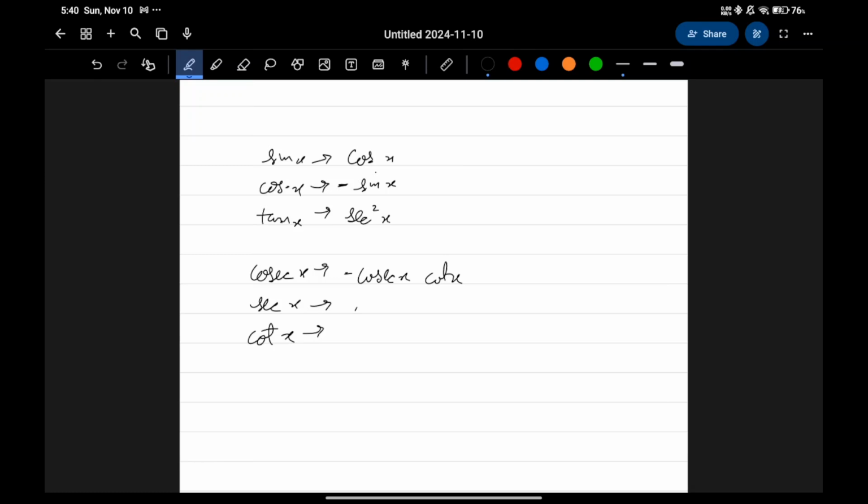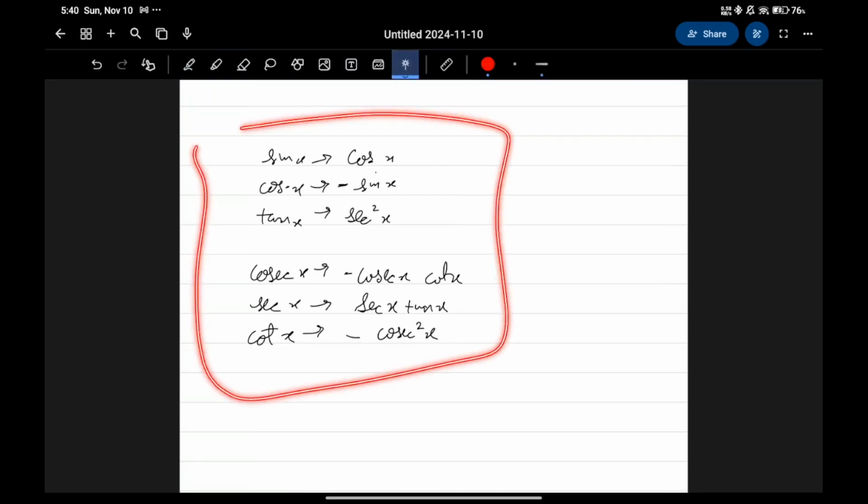Let me double check it. Secant x. Yeah, secant x tan x. And now cotangent has a negative, so it's gonna be negative cosecant squared x. All right. Are we familiar with these now?